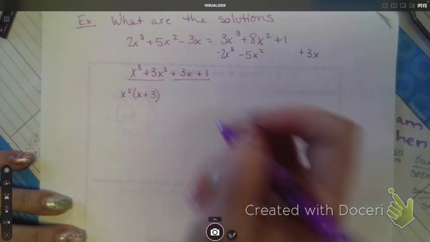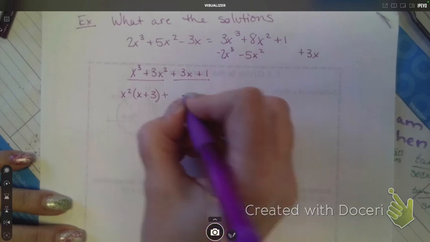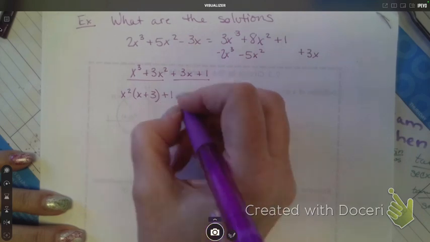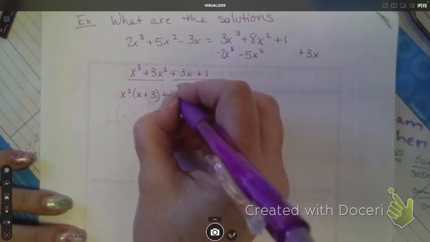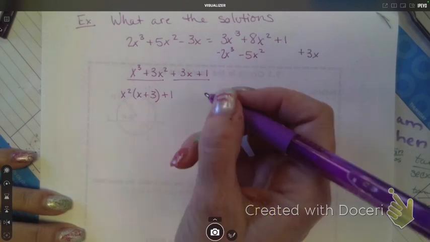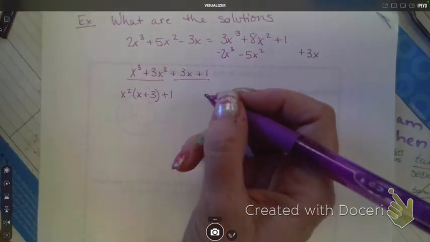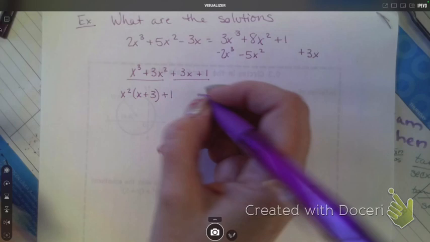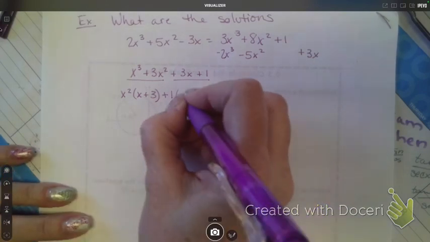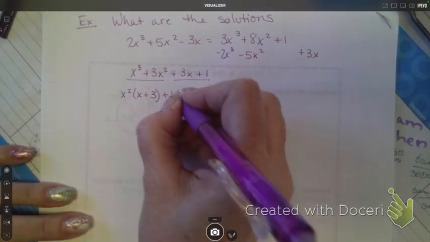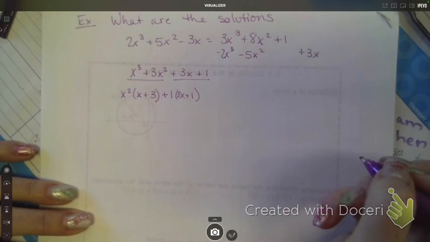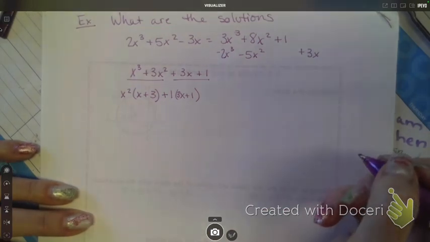What do they have in common? A positive 1. And what are you left with? Oh, that didn't work. Why didn't that work? Because are they the same? No. So grouping didn't work.